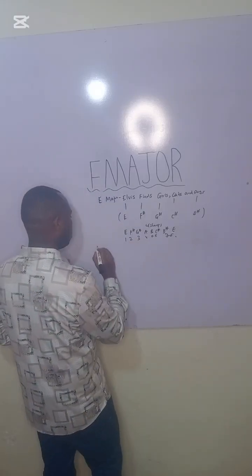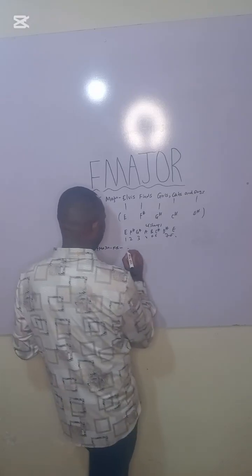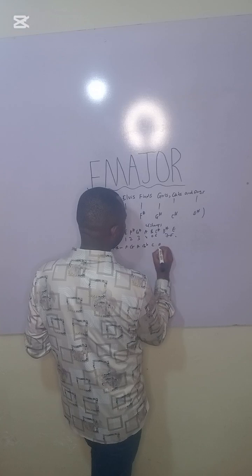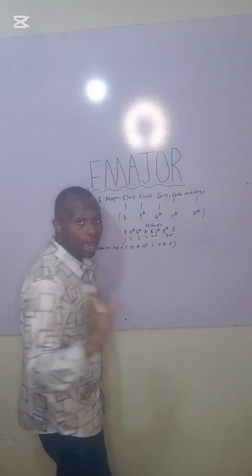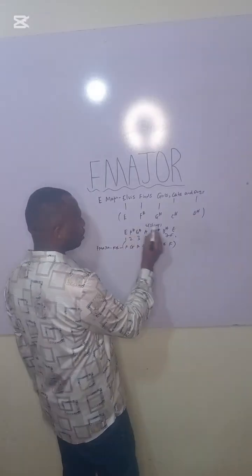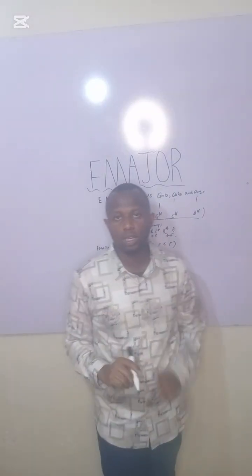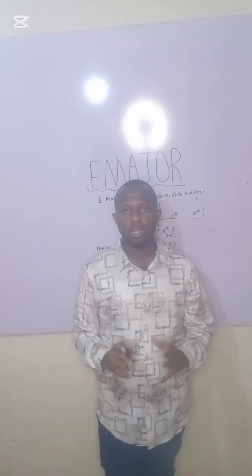So F major, remember, FB. F major looks like this: F, G, A, B flat, C, D, E, F. This is F major. So the difference between F major and E major is that E major has 4 sharps, then F major has 1 flat. E major has 4 sharps, F major has 1 flat.